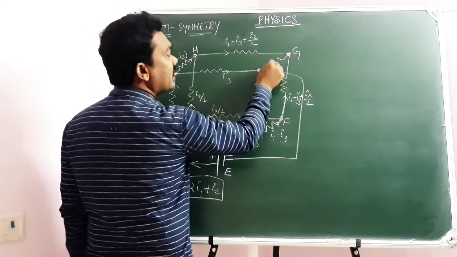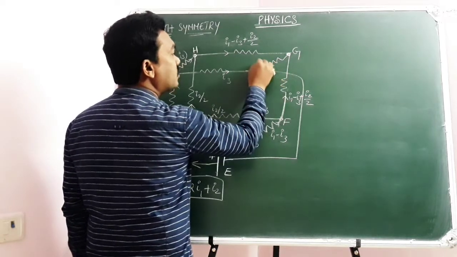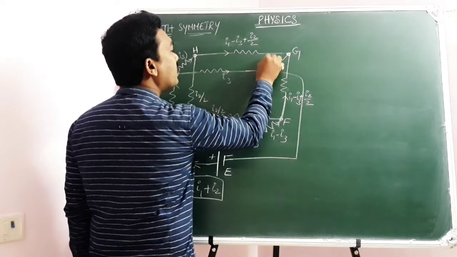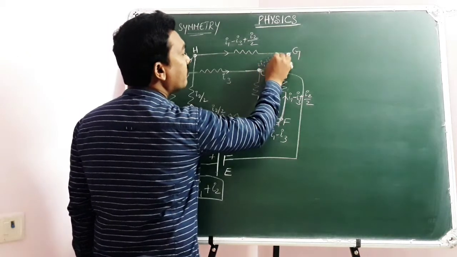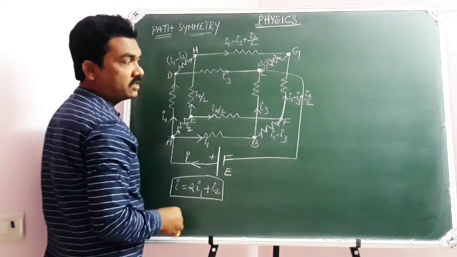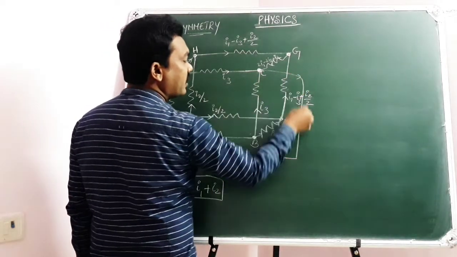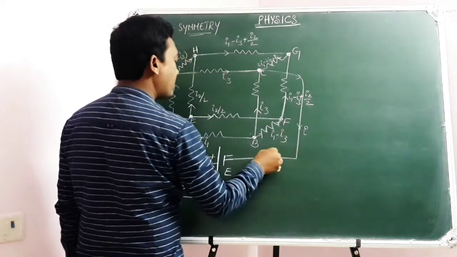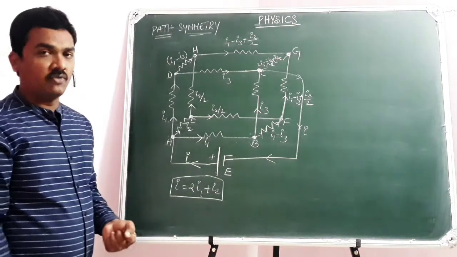Then in that case, here the current is 2I1 minus 2I3 plus I2. Hope you can write yourself. GC current. Then at this point 2I3 gets cancelled and finally it will come out as I, which is 2I1 plus I2. So this is how there will be division of current.